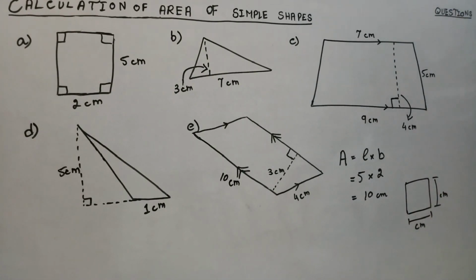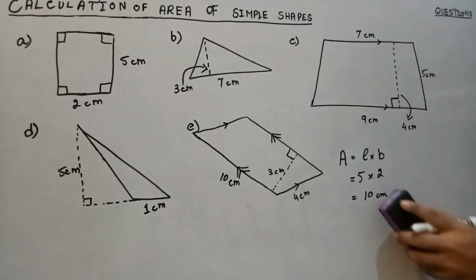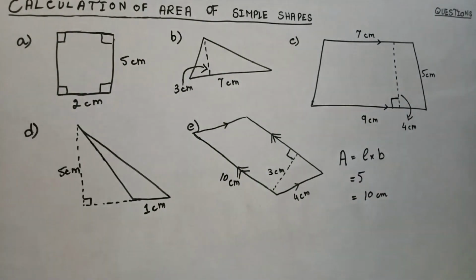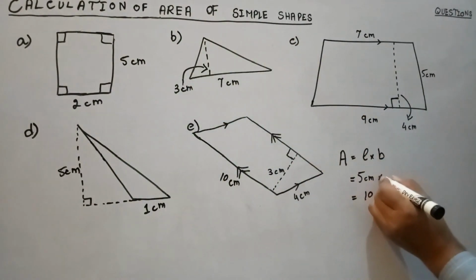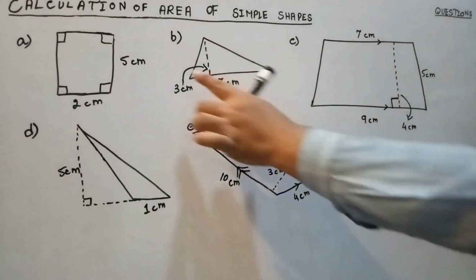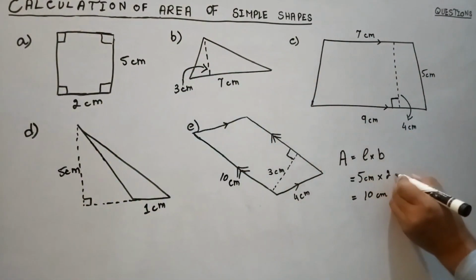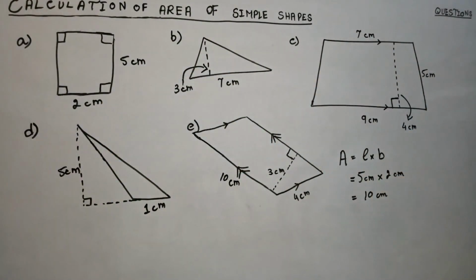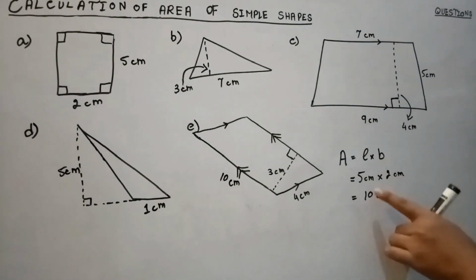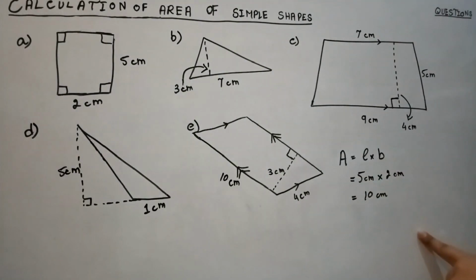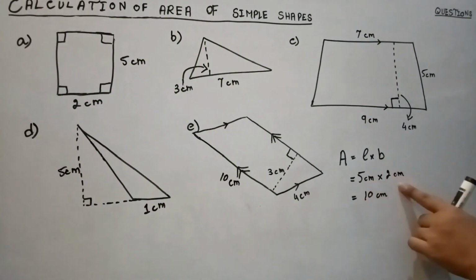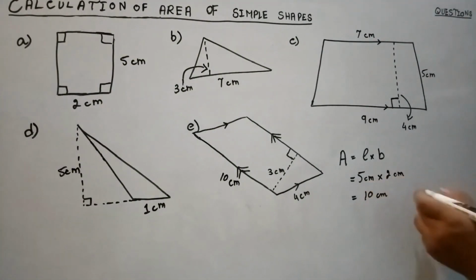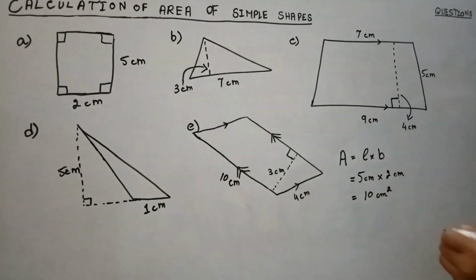Let me write it again: 5 centimeter is going to multiply with 2 centimeter, so 5 twos are 10, and centimeter multiplied by centimeter means we have 2 times centimeter, which is the square of this centimeter.